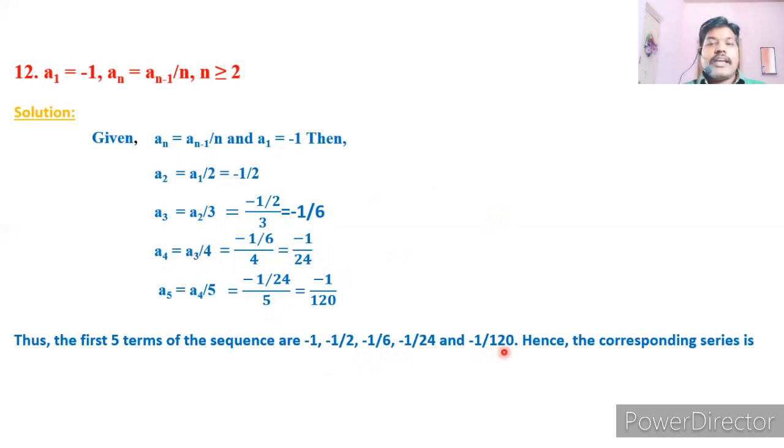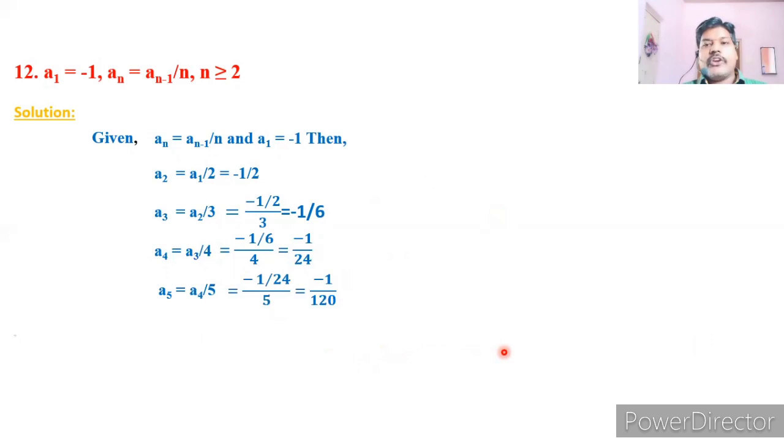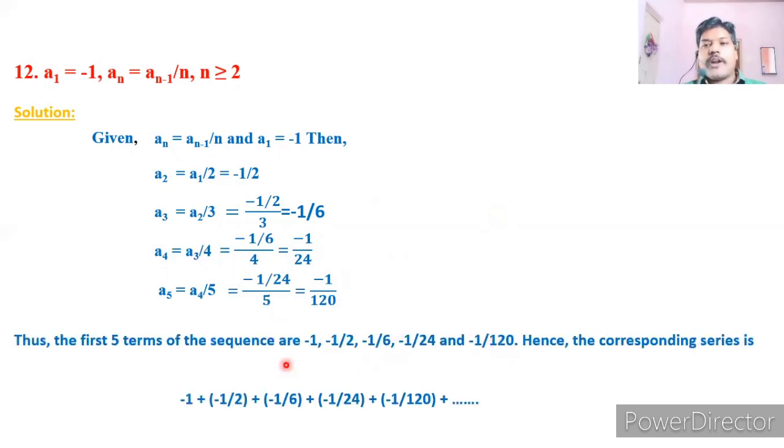And also in this question they are asking you to write down the corresponding series also. Minus 1 plus minus 1 by 2 plus minus 1 by 6 plus minus 1 by 24 plus minus 1 by 120 plus and so on.